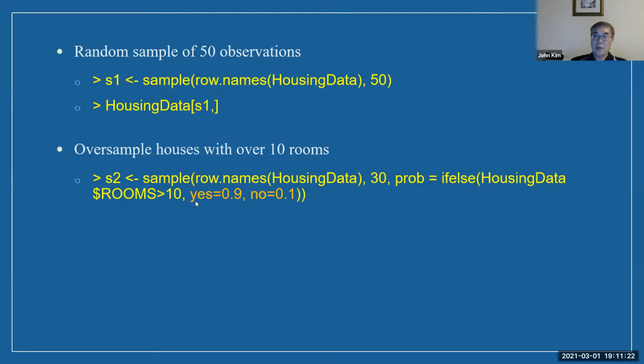And then probability, 90% more than 10, 10% less than 10. So if you want all data, all sample more than 10, then yes equals 1. No equals 0. If you want to make a random sample, 50% more than 10, 50% less than 10, then 0.5, 0.5.